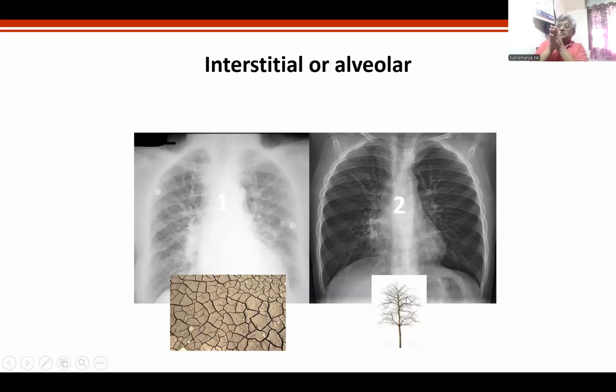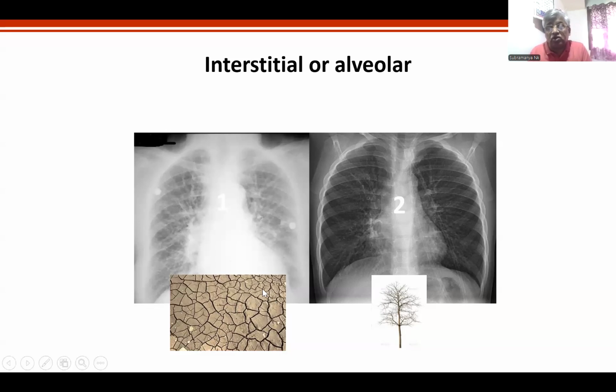Air and vessels: airway starts at hilum and goes on dividing from hilum. Vessels also start at hilum and go on dividing from hilum. Did you understand? So either branches of the airways filled with fluid or arteries and veins, they radiate from hilum. What doesn't radiate from hilum is interstitial.